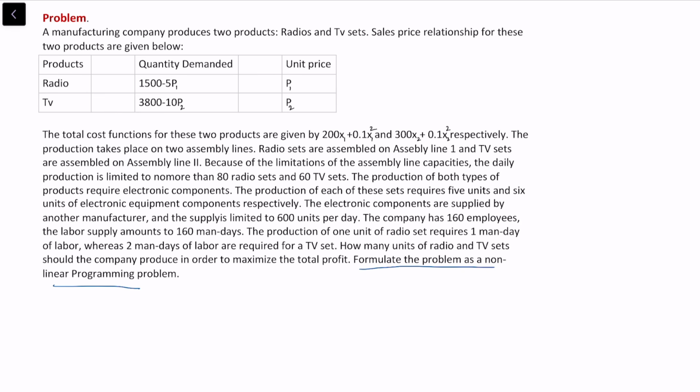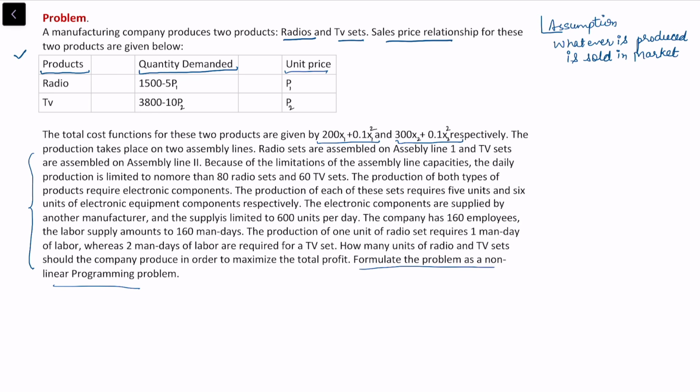A manufacturing company produces two products, radios and TV sets, and the sale price relationships for these two products are given in this table. So there are products, and then we have quantity demanded, and we also have the unit price. The total cost function for the two products is given as this. So this is the cost function, and then we have certain constraints here.